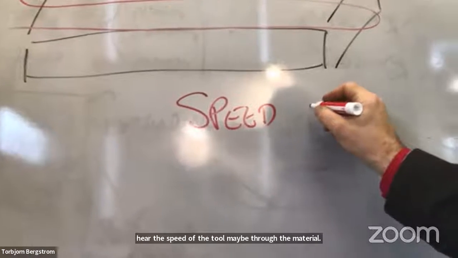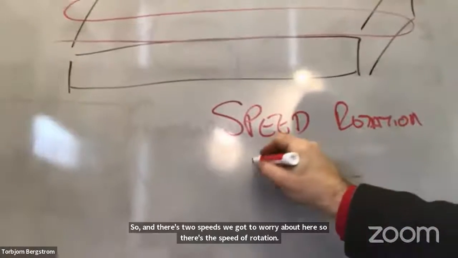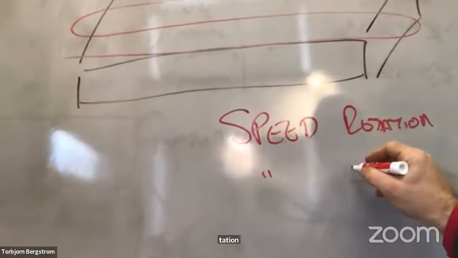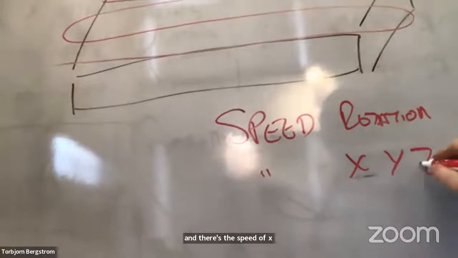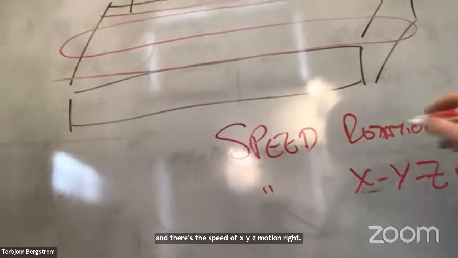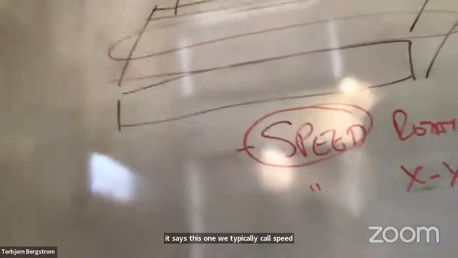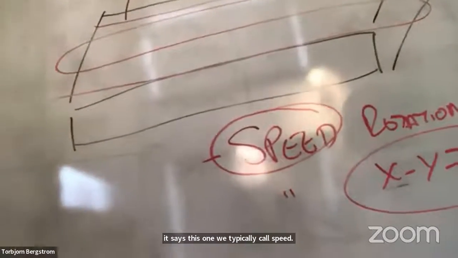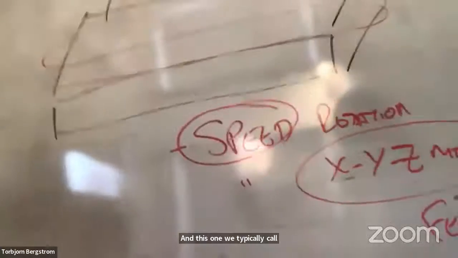There's the speed of rotation, and there's the speed of XYZ motion, right? This one we typically call speed, and this one we typically call feed. So we've got speed and feed.